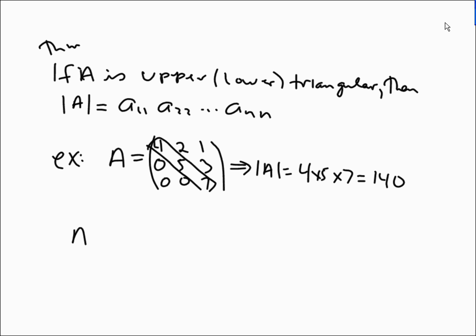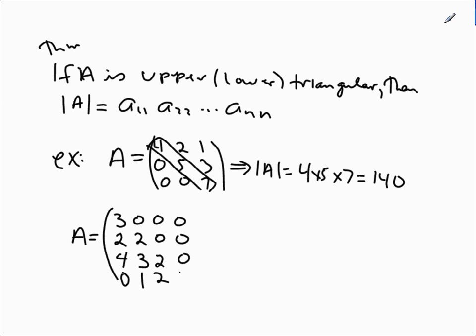If it's lower triangular, that is, everything above the diagonal is 0: 3, 0, 0, 0, 2, 2, 0, 0, 4, 3, 2, 0, 0, 1, 2, 5, negative 5.